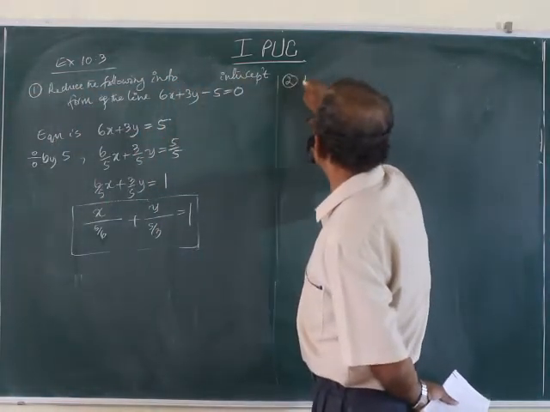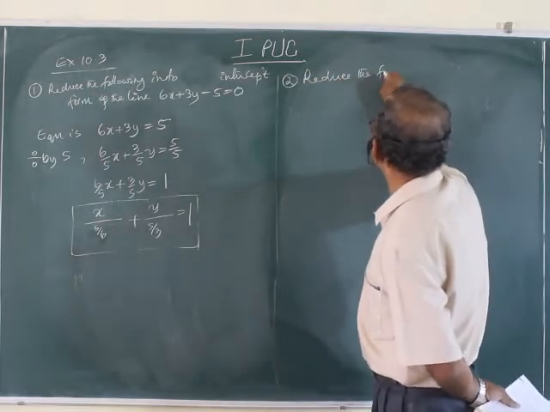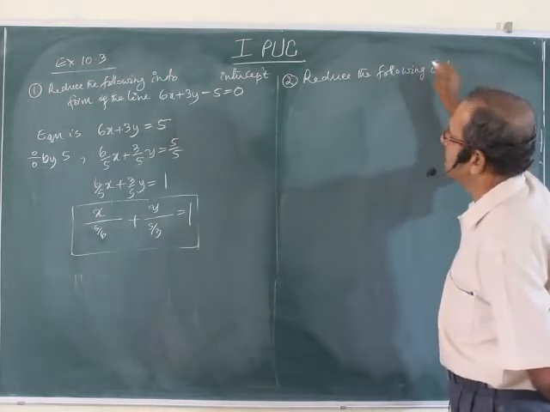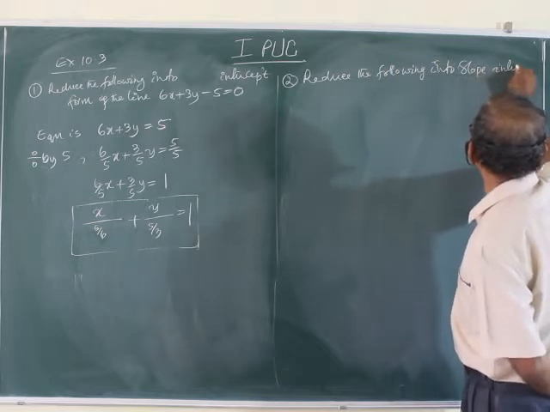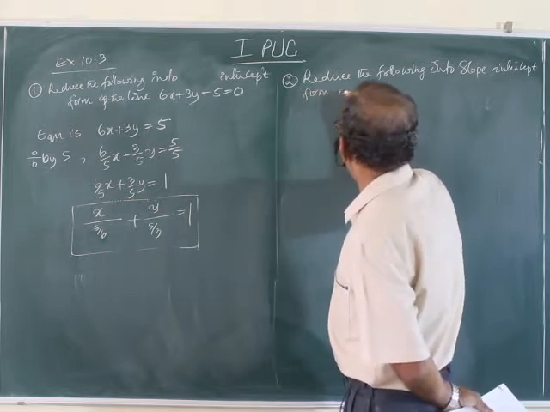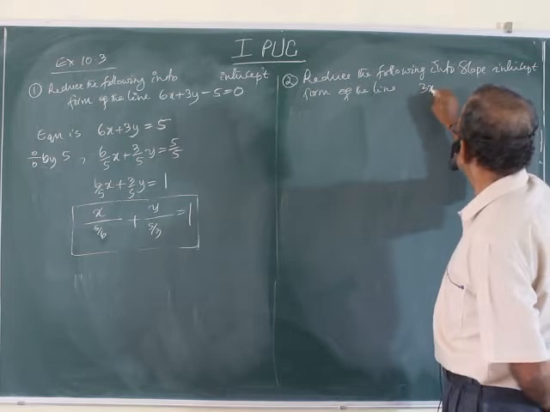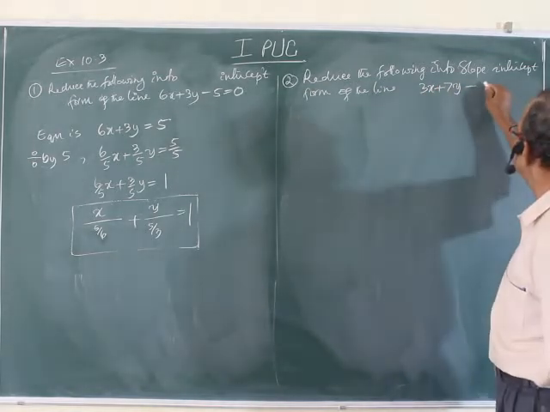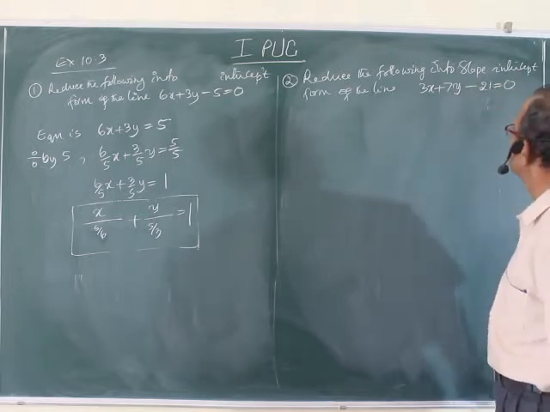Problem number 2. Reduce the following into slope intercept form of the line 3x plus 7y minus 21 equal to 0.